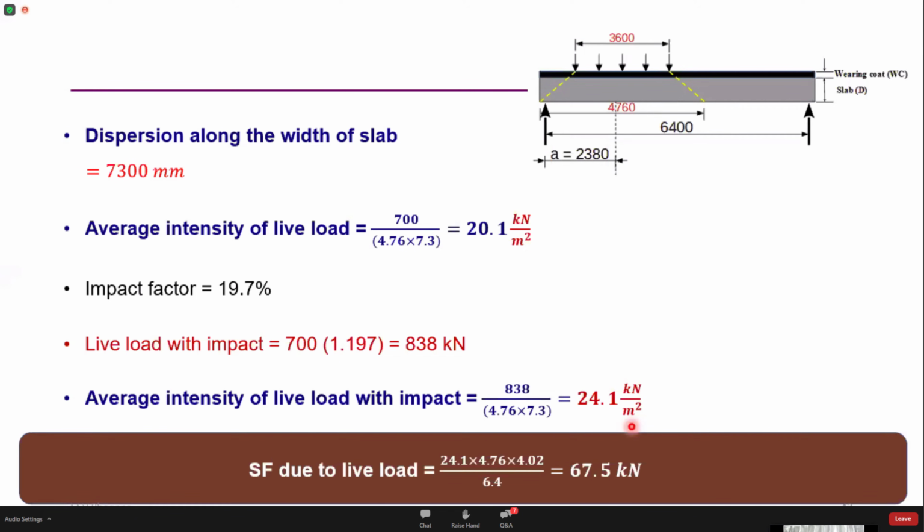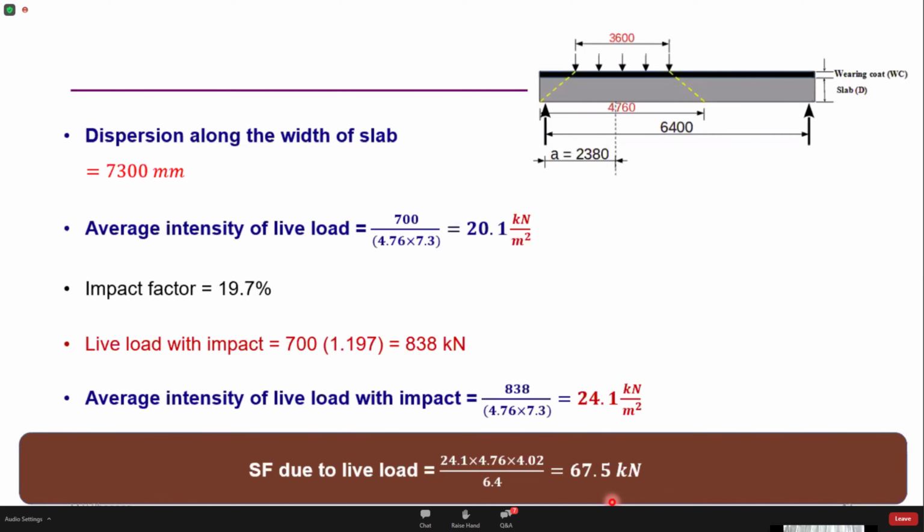Again, using the equations of equilibrium, I can apply this live load on the slab and calculate the shear force due to live load. For IRC class AA tracked vehicle, the shear force works out to 67.5 kilonewton. So this is how we calculate the bending moment and the shear force for dead load and live load respectively.